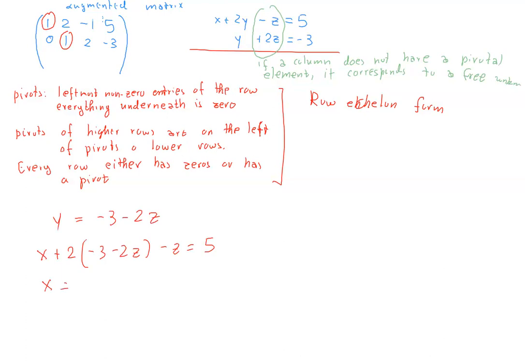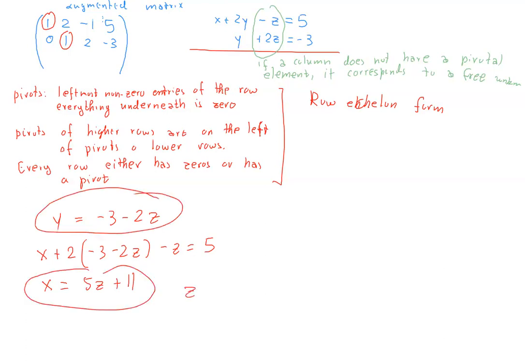So I will get -4z minus 5z, so I will put it on the other side as plus 5z. And I will also have -6, put it on the other side, plus 5, that will give me plus 11. And this is the solution. And z is free. When I say free, it can be any number. It can represent any number. Okay, and that's the solution.